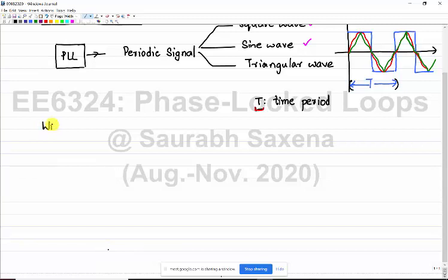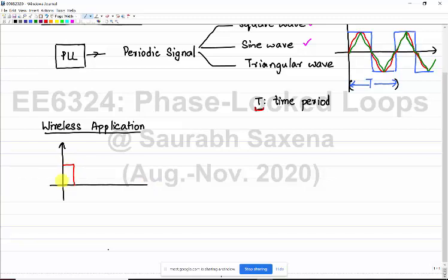Let me first pick up a wireless application where you need a PLL. People who know a little bit about wireless transmission will know that we actually have a baseband signal.